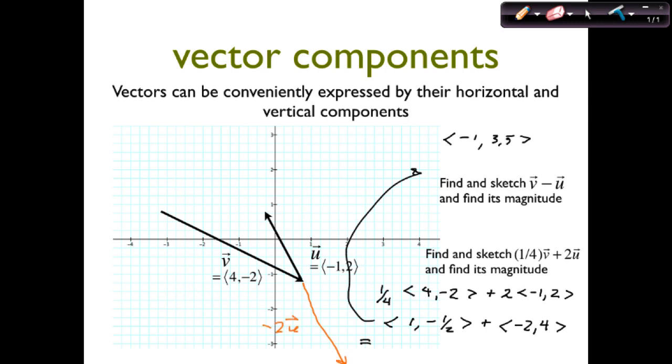So -2u would be twice as long as u, or twice the magnitude of u, in the exact opposite direction. So in general, scalar multiplication doesn't change the direction unless it's negative, and then it just flips it to exactly the opposite direction. Okay, questions on that?